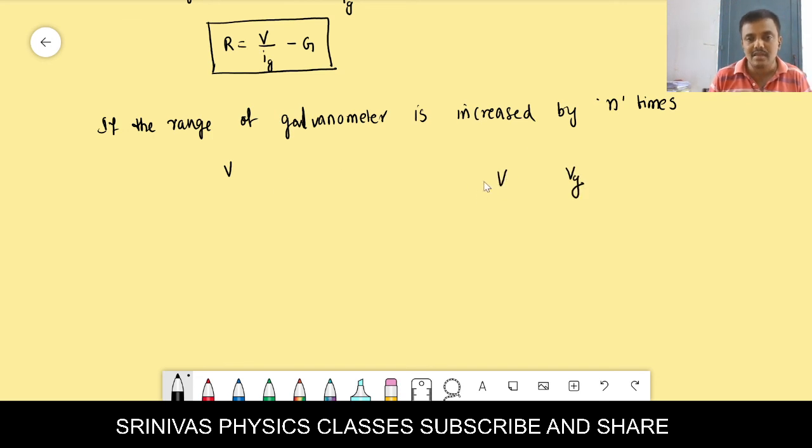Now it is measuring V, the new voltage, which is more than the old voltage. After converting the galvanometer into a voltmeter it measures V, whereas initially it measured only Vg. Now the reading is increased by n times, that is n is equal to V by Vg. From the above formula, which we can consider as equation 1, we write R is equal to V by Ig, we got here.